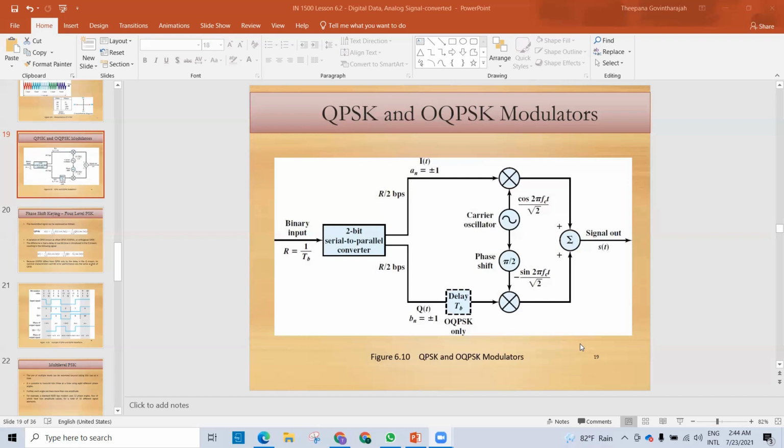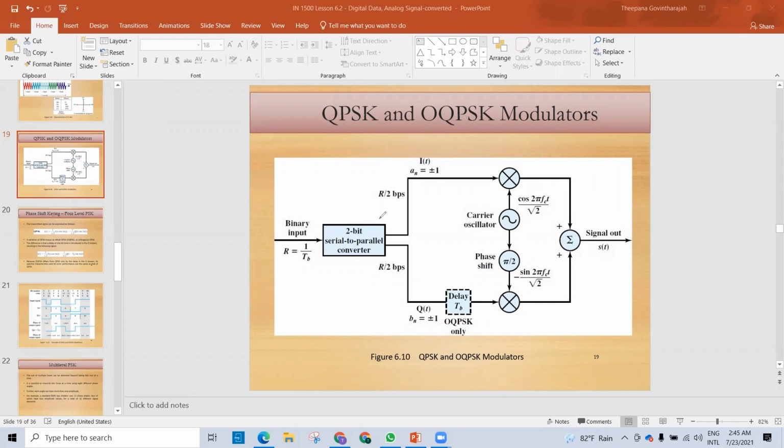If we introduce the delay TB, then it is called offset quadrature phase shift keying. As I have already said, in QPSK or OQPSK, one signal is represented by 2 bits.